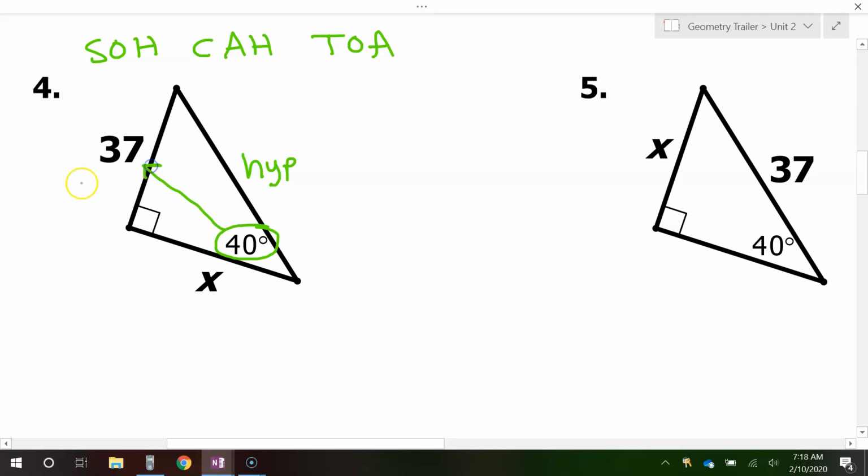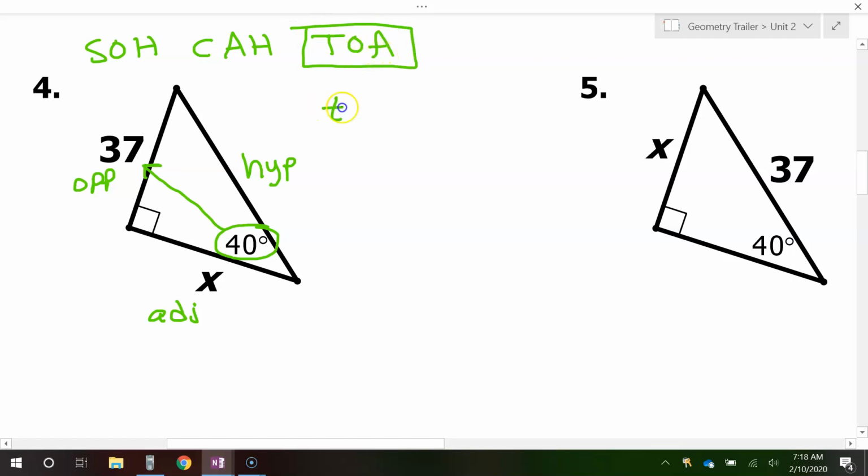That arrow will always point at the opposite side. The other side is the adjacent side. So, which two sides are we dealing with? Well, 37 is opposite and x is adjacent. Opposite, adjacent. Which trig function is that? Well, that is the tangent function that involves opposite and adjacent.